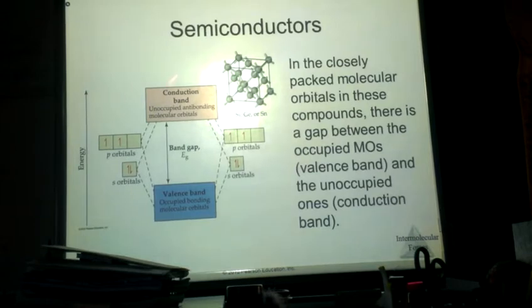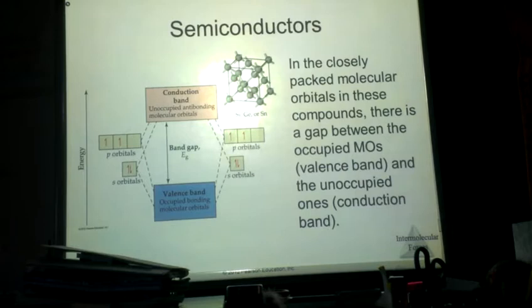And their conduction band, the anti-bonding modes, are completely unoccupied. Because of that, there is an integrity and a strength, a good strength, within their bonds. So they're very stable, and they're able then to have that semiconductive property.